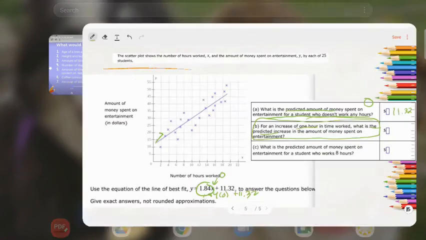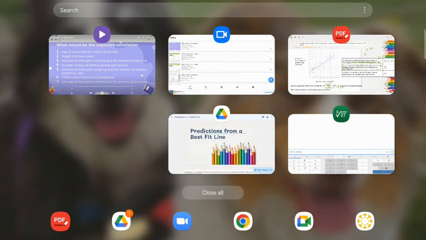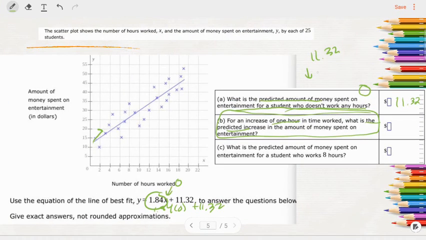Now, since it increased from 11.32 to 13.16, I'm trying to find how much is that increase. Now, if I go back and I do that subtraction, you're going to find that it's 1.84. So yes, whenever it asks about what is this increase, I am looking directly at that slope. It will tell me that every time.